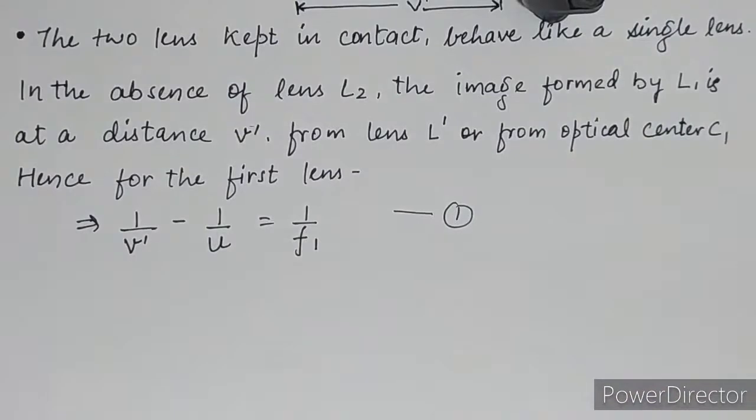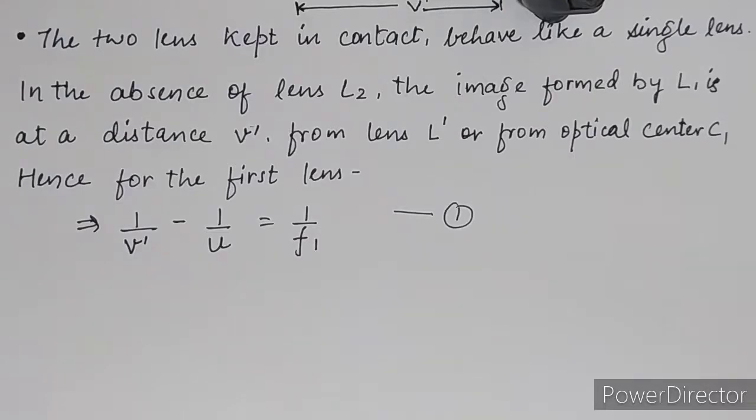Now, this time, the image which has been formed by the lens L1 behaves like an object for the second lens. We have to assume that both the lenses are very close to each other and very thin.